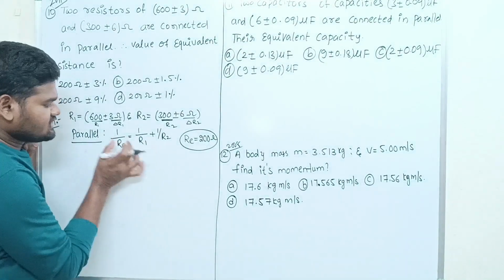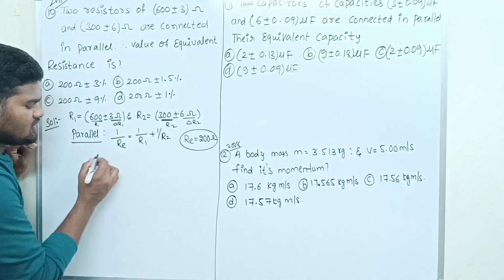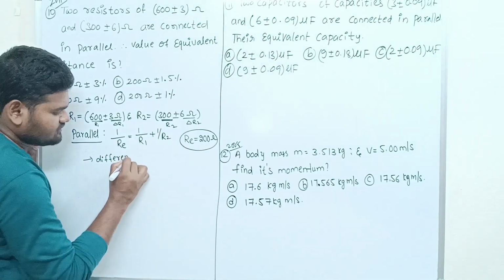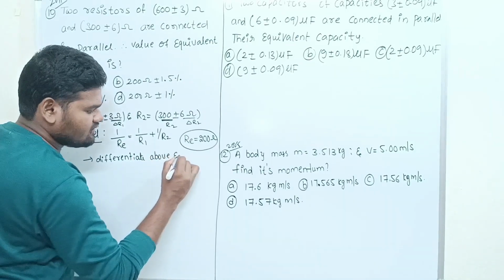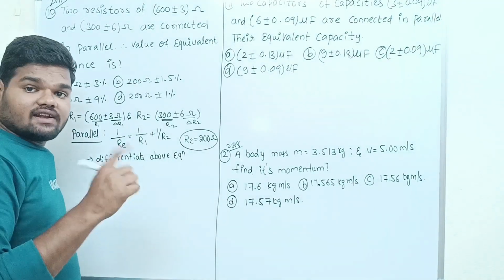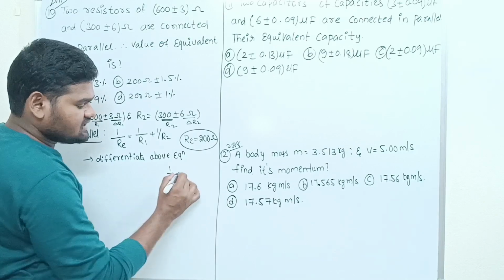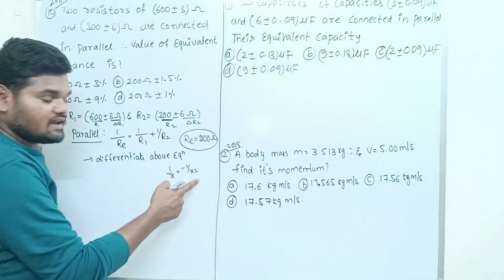So I'm taking this condition: 1 by R equivalent is equal to 1 by R1 plus 1 by R2. Differentiate the above equation. In the differentiation chapter I told you that if 1 by x is there and you differentiate it, it becomes minus 1 by x square.